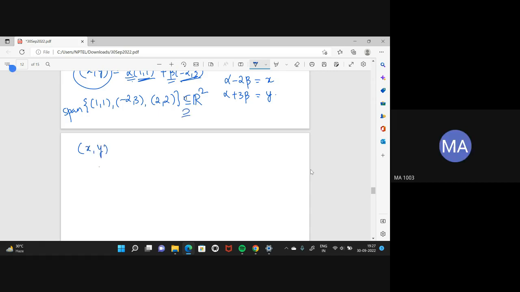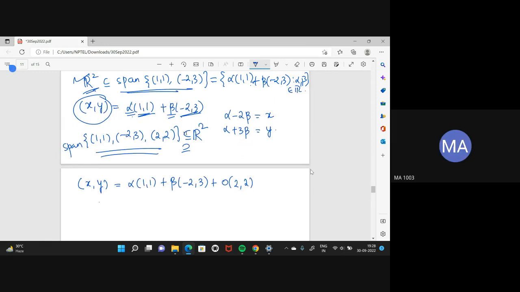Can I write any vector in R2 as a linear combination of these vectors? Yes, madam. How? Plus 0 times the third vector, for x and y. I already know that I can write it as a linear combination of these two vectors, right? Yes, madam. So whatever third vector I have, I'll put 0 coefficient. That's all, right? Yes, ma'am.